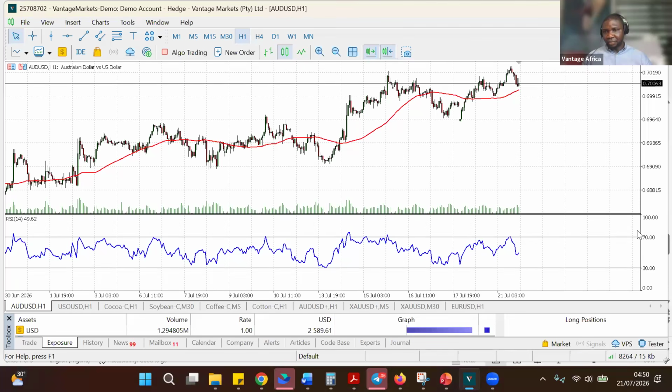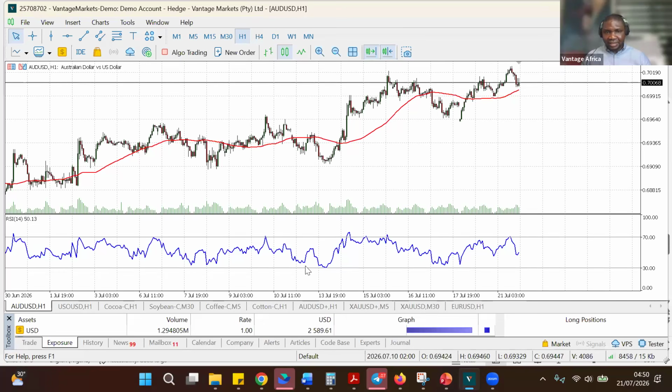What this is telling you is that when price hits 70, that is price at overbought level. So at overbought level, what are we expecting? We're expecting to see price selling. We're expecting sell trades. So this is an indication that you should be getting ready to look for a sell trade.